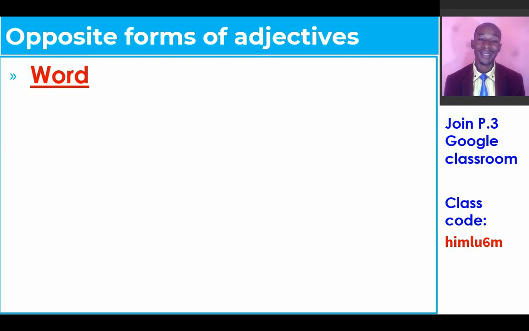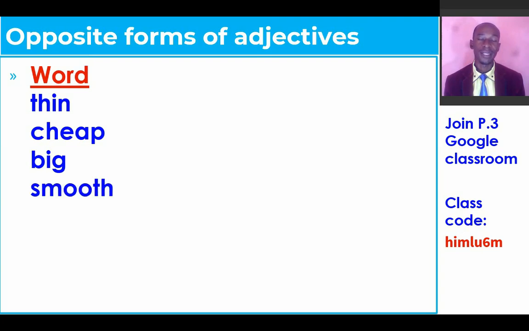The examples I can give are thin, cheap, big, smooth, tall, bad, ugly. Are they enough? Okay, one more. Long. So these are our adjectives.